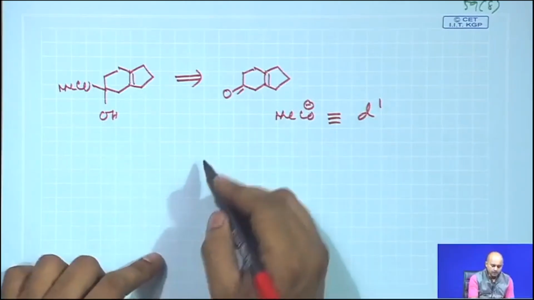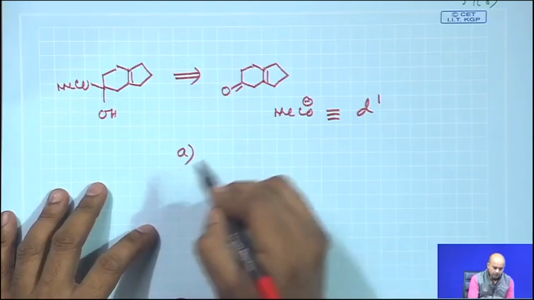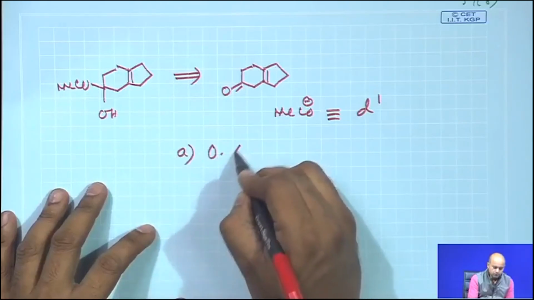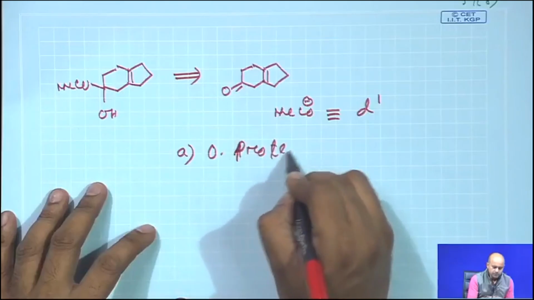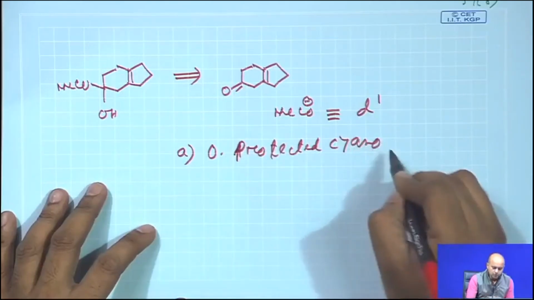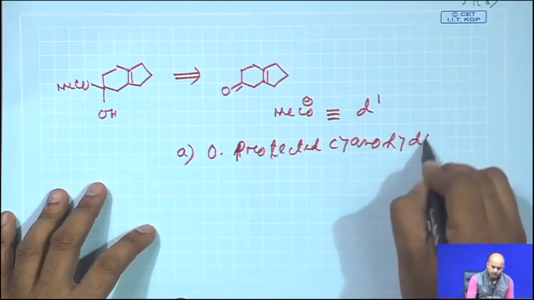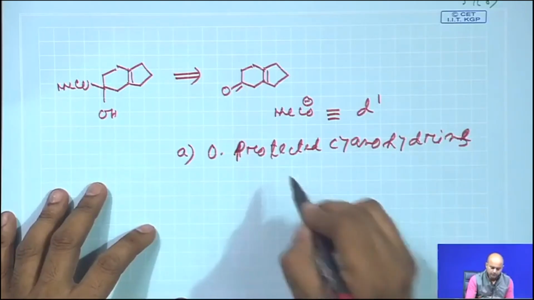I remember earlier we have also discussed this kind of umpolung, which you can also synthesize through O-protected cyanohydrin, the chemistry which was first discovered by Professor Gilbert Stork. Go back to your earlier lecture on O-protected cyanohydrins.